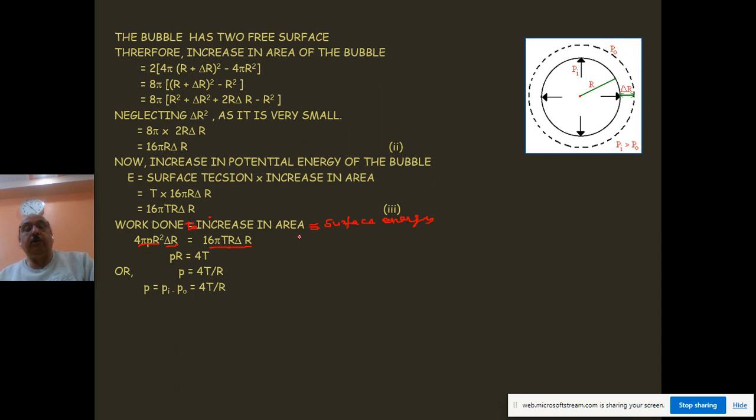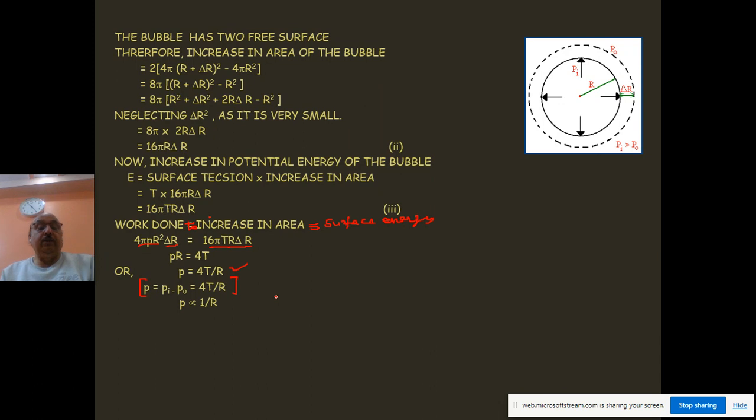This is the work done to increase the area, and this is equal to surface energy. We may equate them. Then the excess pressure P will be 4T by R. This is the derivation for excess pressure for a bubble.